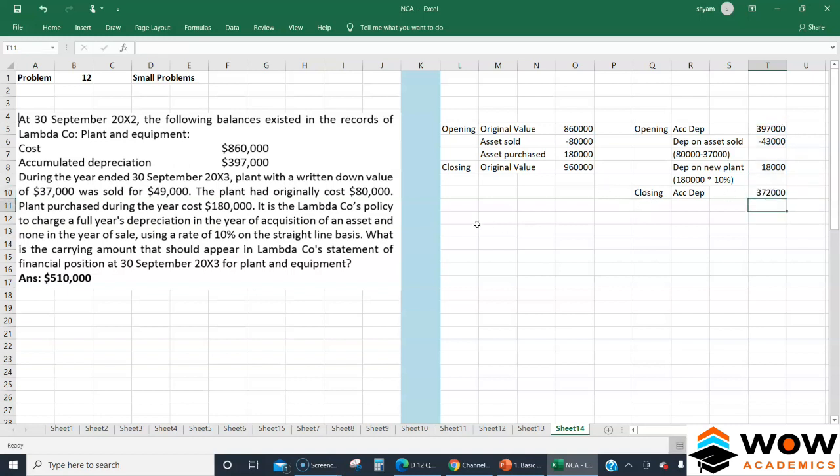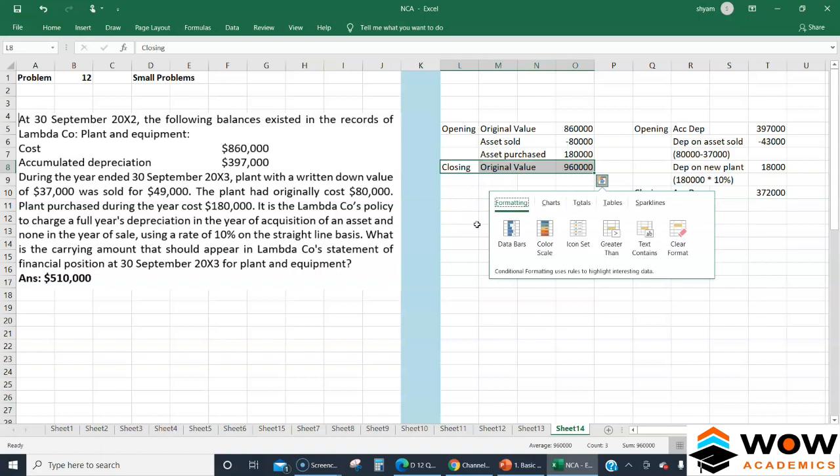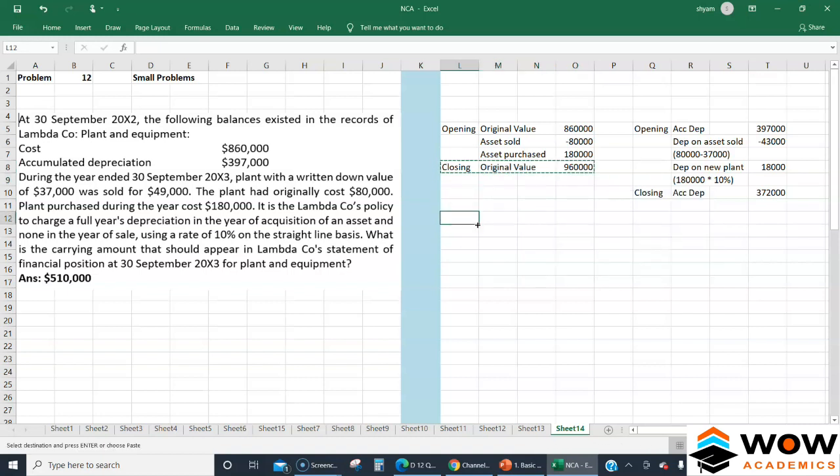So now normally, from the closing original value we have to deduct the accumulated depreciation. Then only we'll get the closing carrying value. So that value would be 5,88,000. Have we missed anything here?